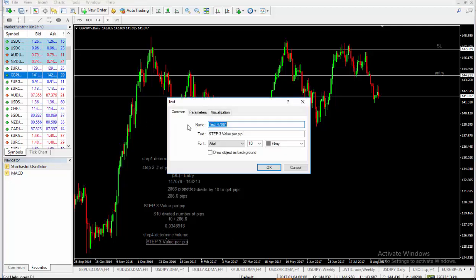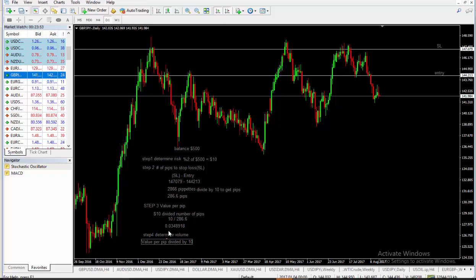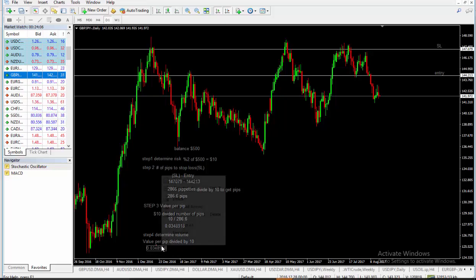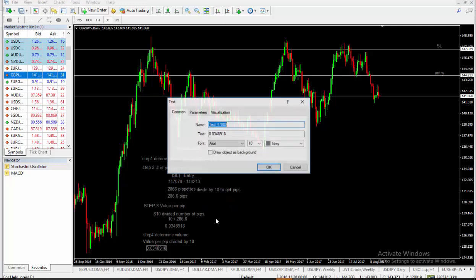Take that value per pip, and you divide it by 10. In this case, we have this as our value per pip. Therefore, you'll divide it by 10. Let's do that.